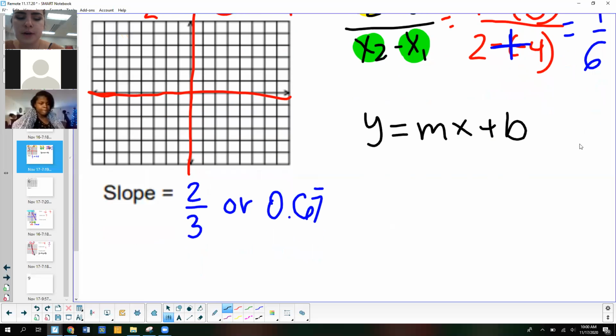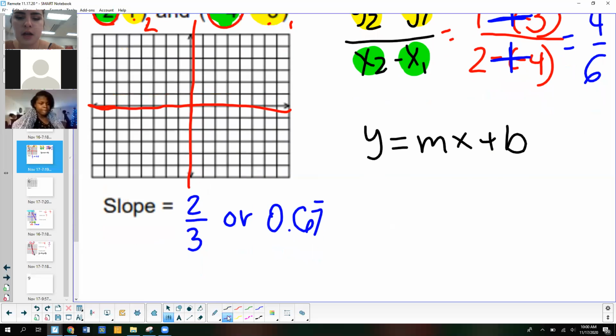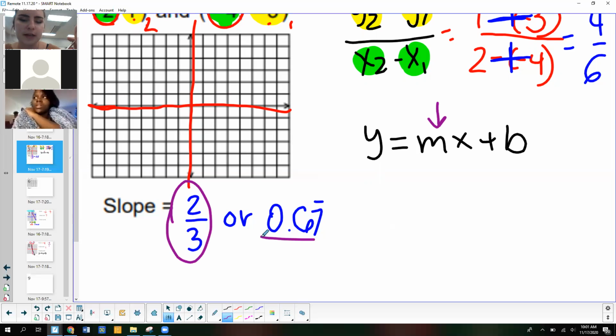This is where some of you got lost last time. I talked about how we can plug in our slope for m. In this case, I'm going to keep the 2/3 because it's exact, whereas this 0.67 is an estimate because it was a repeating decimal. All I'm doing is plugging 2/3 in for m, which is our slope.